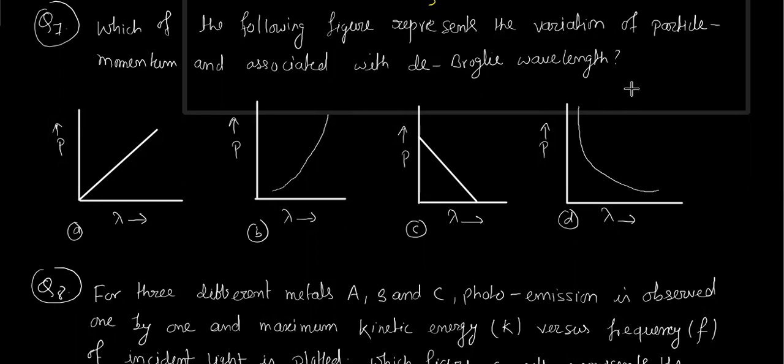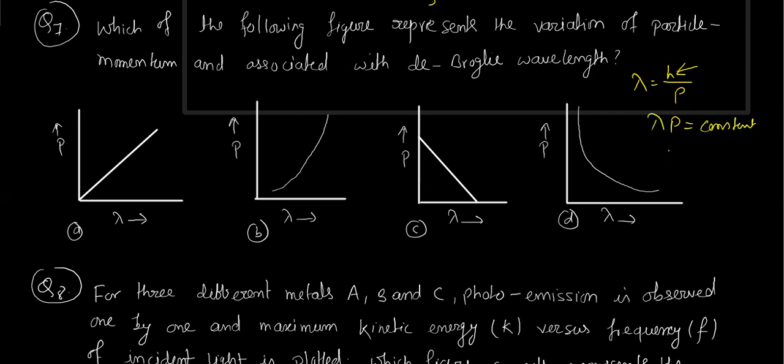As we know, the expression for de Broglie wavelength in terms of momentum of a particle is lambda equal to h by p. As this quantity is constant, lambda times p can be written as constant.